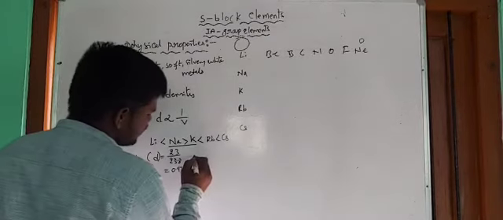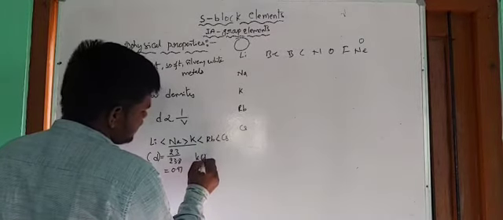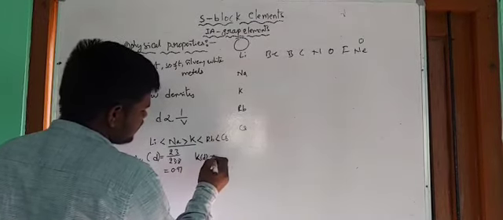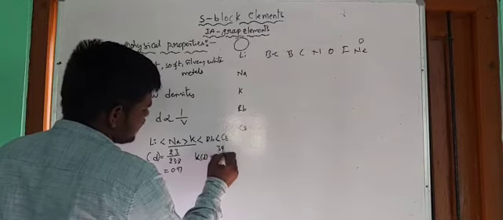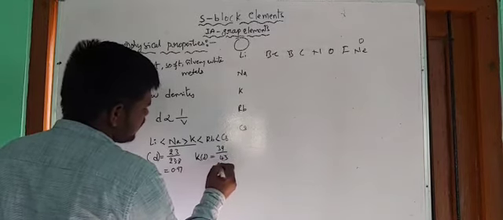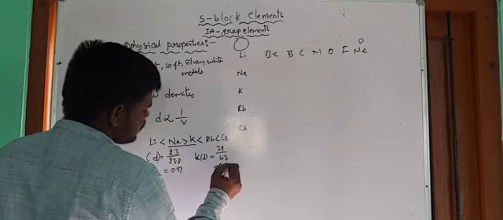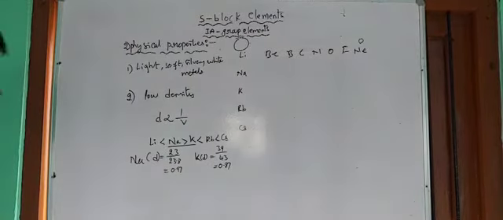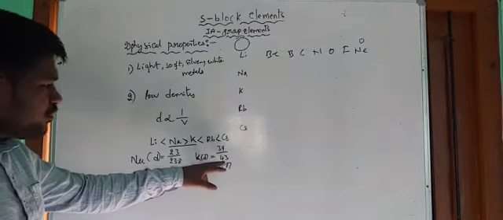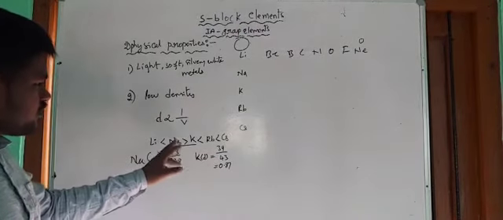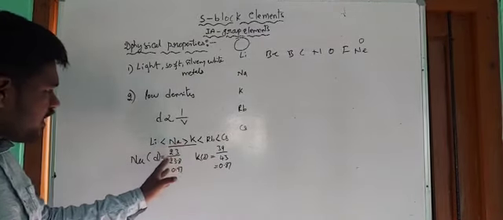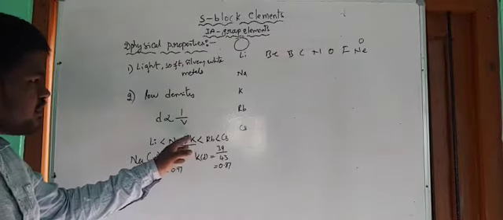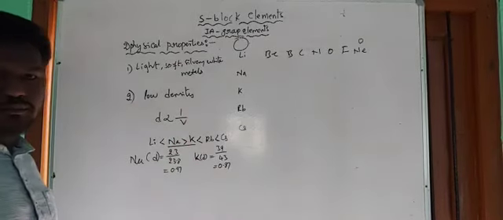In case of potassium, mass is 39 and volume is 43. When you calculate this, we get approximately 0.87. So due to the more volume, sodium has more density, or potassium has less density than sodium.